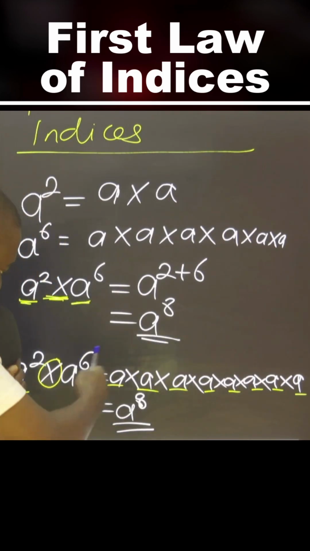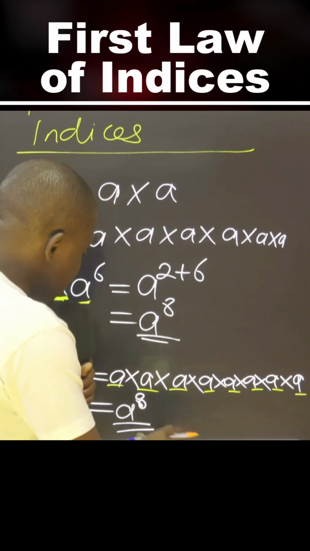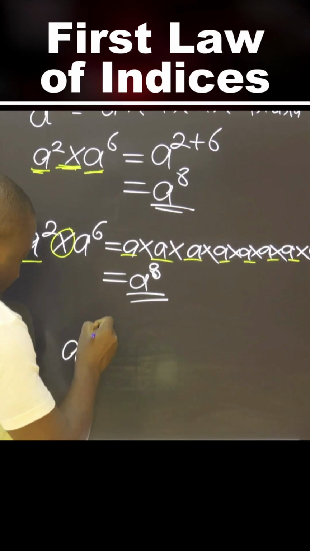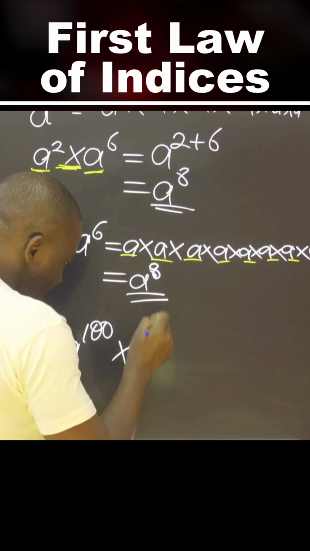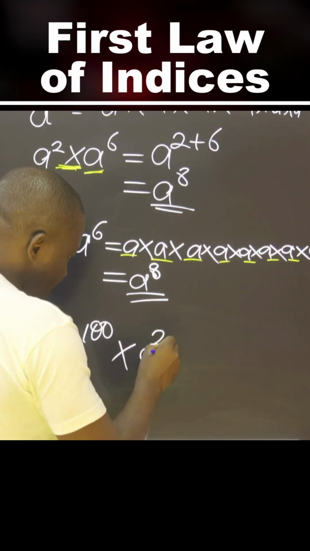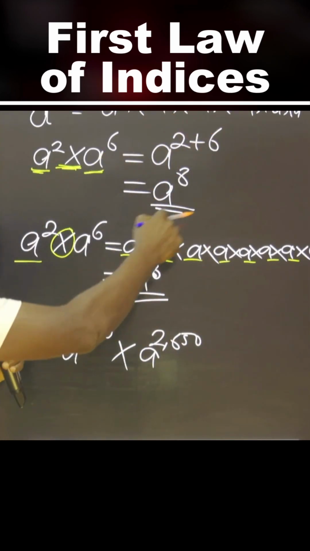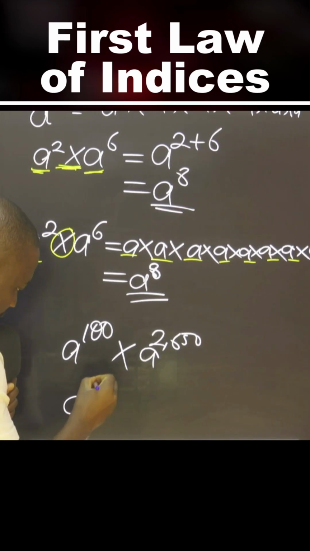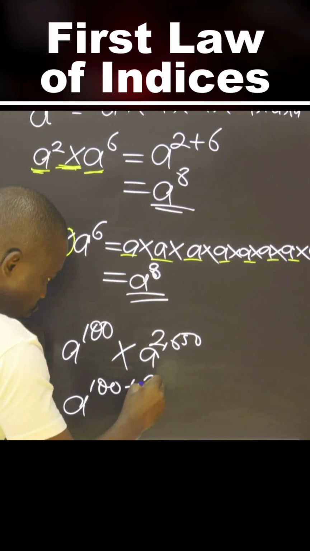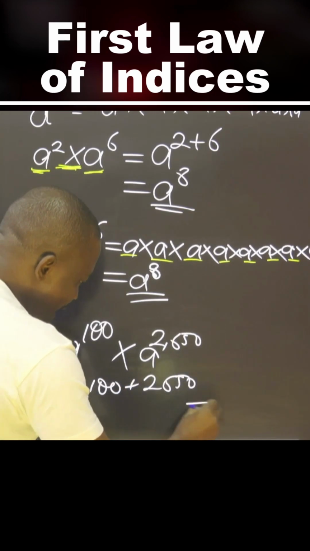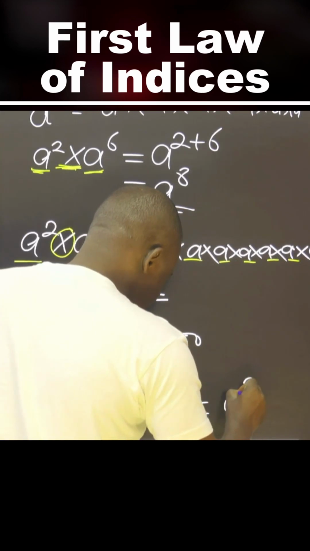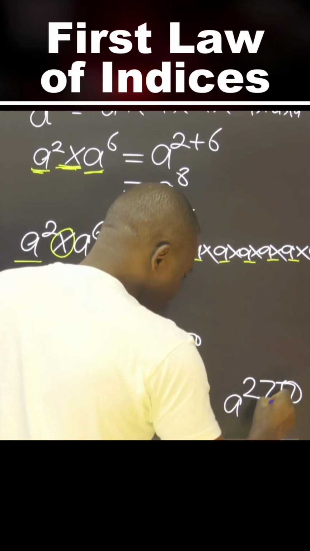You that follow this method, you will sleep. If I give you something like this, say a raised to power 100 multiplied by a raised to power, let's say 2650, the guy that understands the rule will simply do 100 plus 2650, and we give you a raised to power 2750.